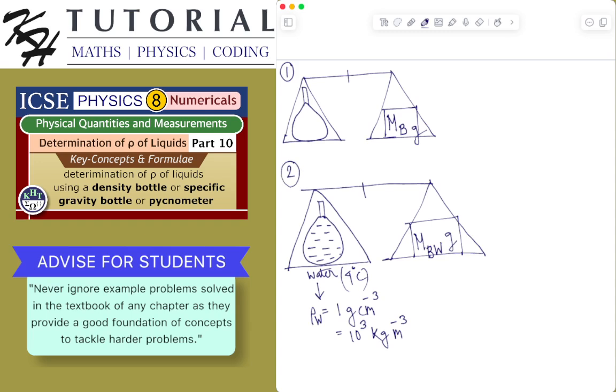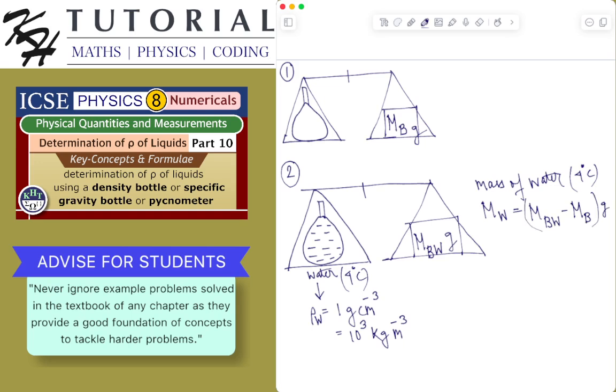Now at this stage, we can clearly say what will be the mass of the water. After step 2, I can say that the mass of water which is at 4 degrees centigrade, we are denoting it with MW, will be MBW minus MB, this much gram.